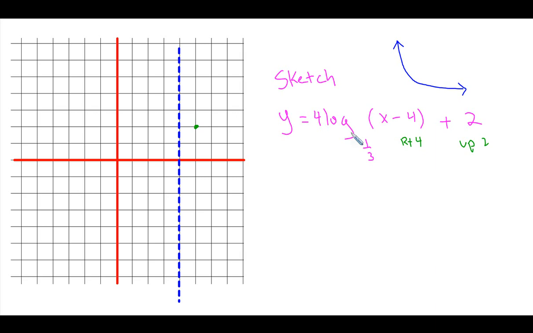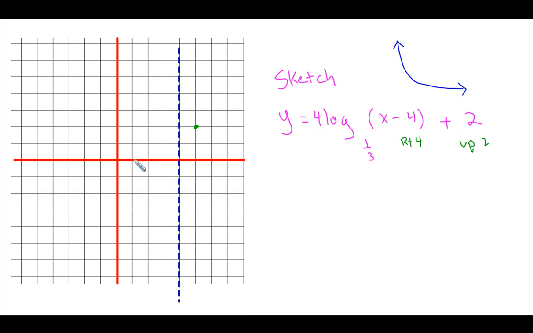Now remember, if it's a log function and there's a number in front here, it's not going to affect how we find the home point. Log functions are not like exponentials, where we need to worry about this number because it affects the home point. And let's show why that is the case again.